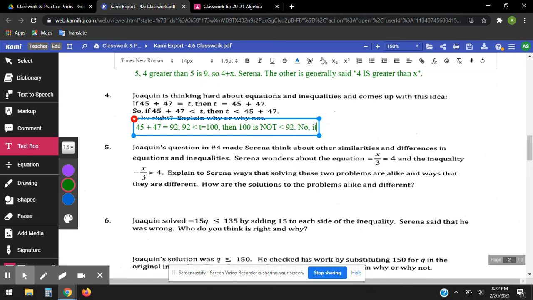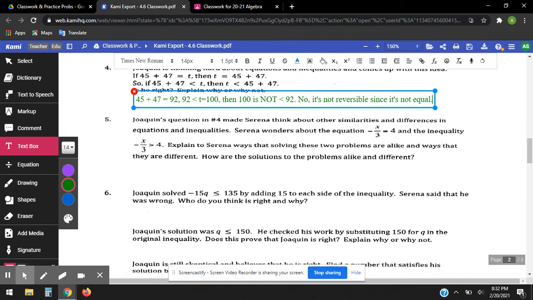Oh no, it's not reversible since it's not equal. It only works when it's equal.